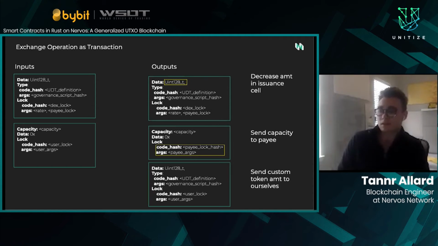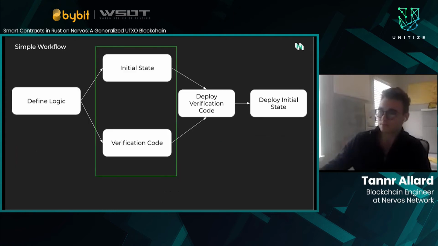And then some of the custom tokens, proportional to how much capacity we've paid, are then sent to us, basically. Or if we're the purchaser, then we create this output and send some custom tokens to ourselves as well. So that constitutes what the operations will look like for both issuing and exchanging.